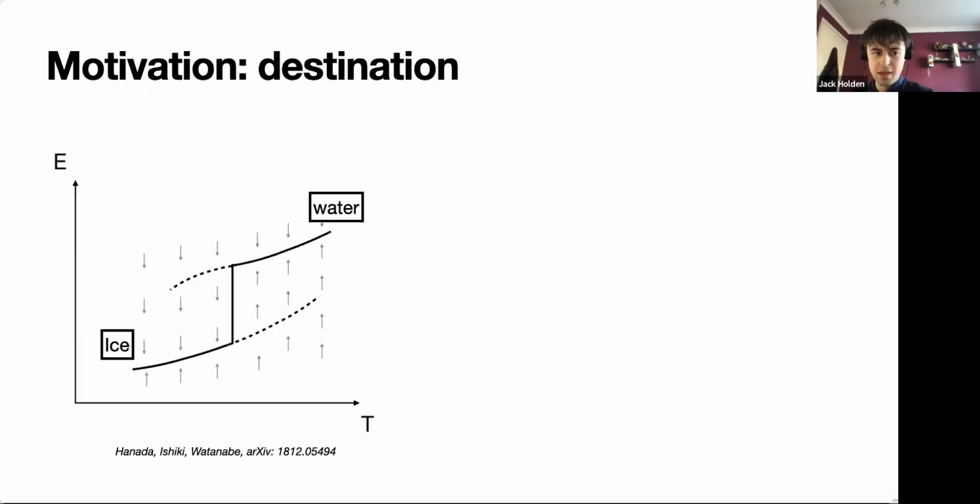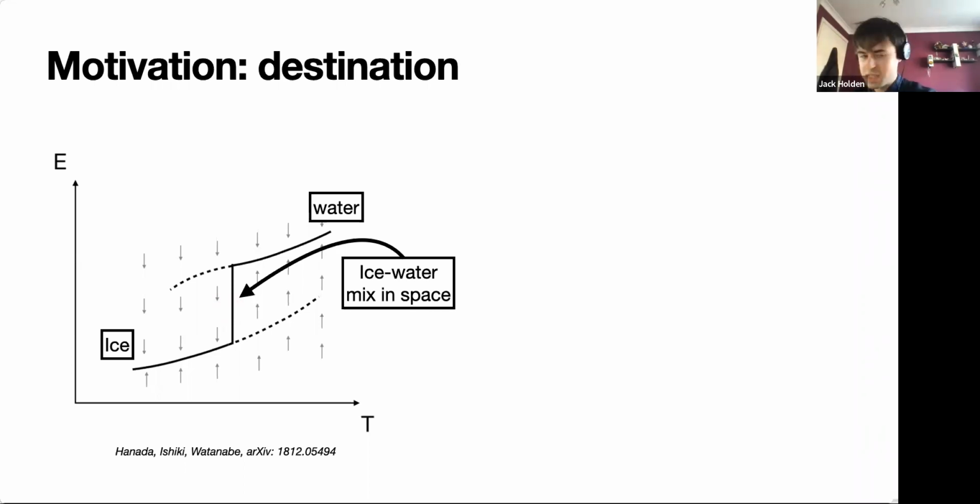So I'll start with something familiar. This is the first order phase transition. This is the phase diagram for the ice-water transition, and it shows a first order transition in the canonical ensemble, where you fix temperature. And I want to draw your attention to this part of the phase diagram.